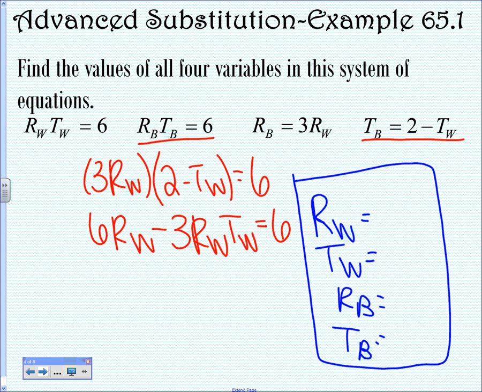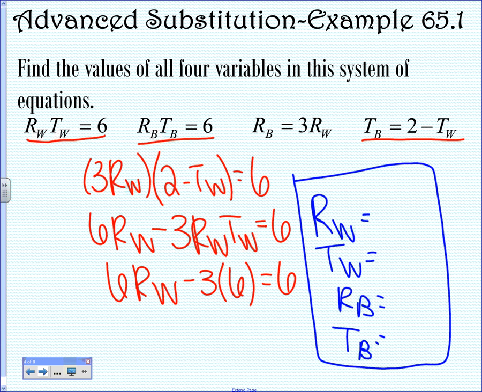Now what? RWTW equals 6. So 6 RW minus 3, instead of RWTW, we can make it equal 6. So we substituted both of the RWTW. We made RWTW 6, because that very first equation that they gave us is equal to 6.